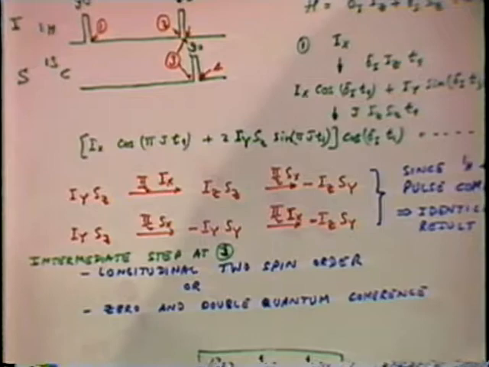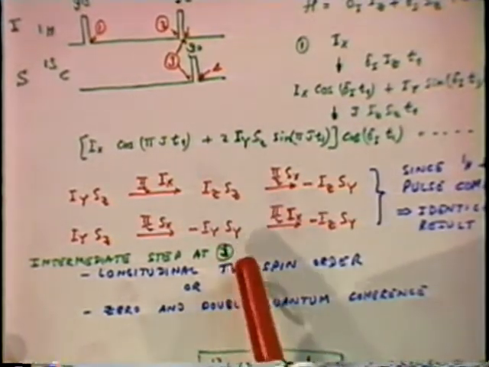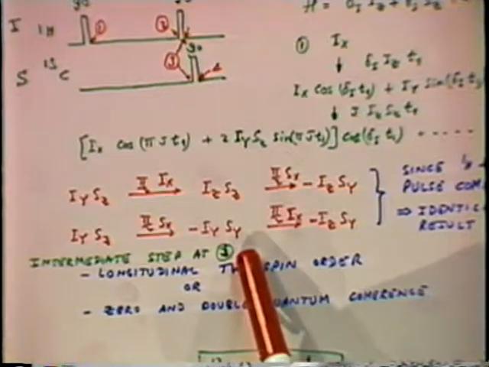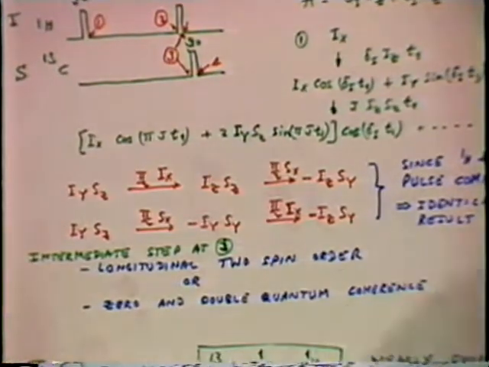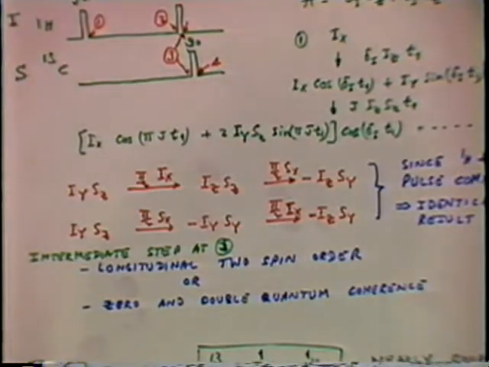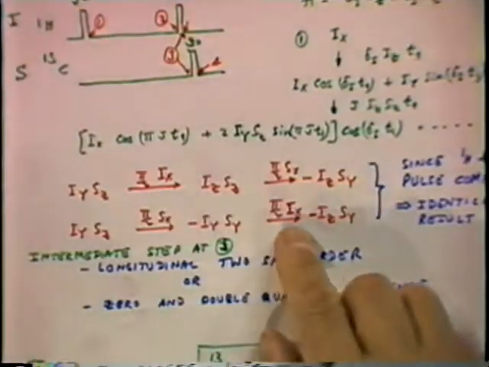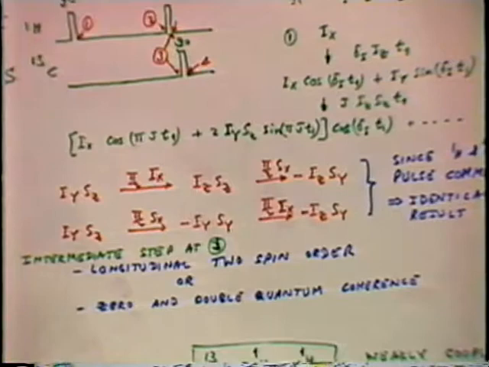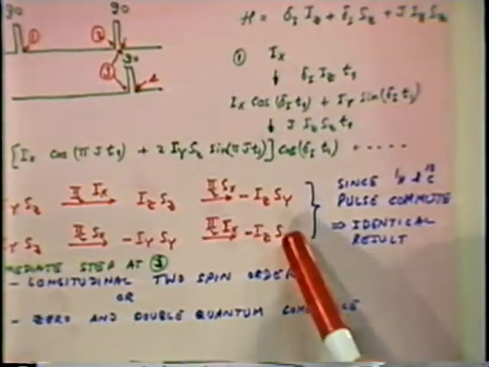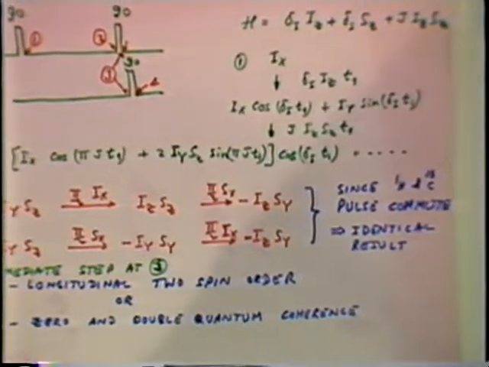Then I will convert it into something which I cannot show by a vector diagram, but it will look like an IySy, which is actually a double quantum and zero quantum coherence of I and S spin. And I cannot describe it by a vector diagram. We will come to that in a subsequent lecture. And then I apply the pulse on the I spin, and I get exactly the same operator back as before. So the end result is identical.